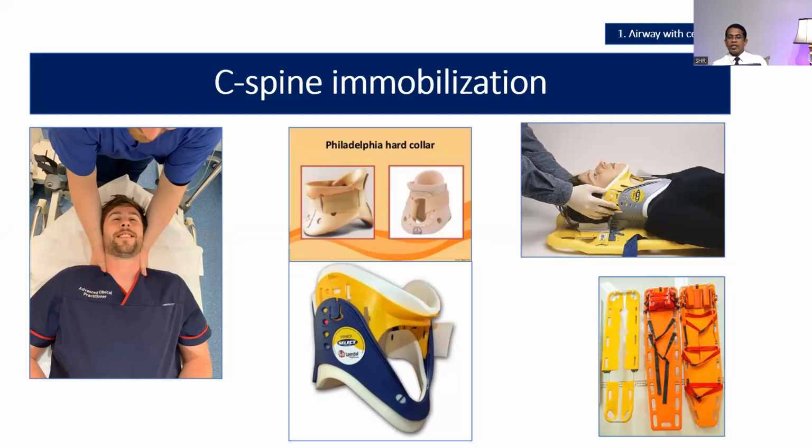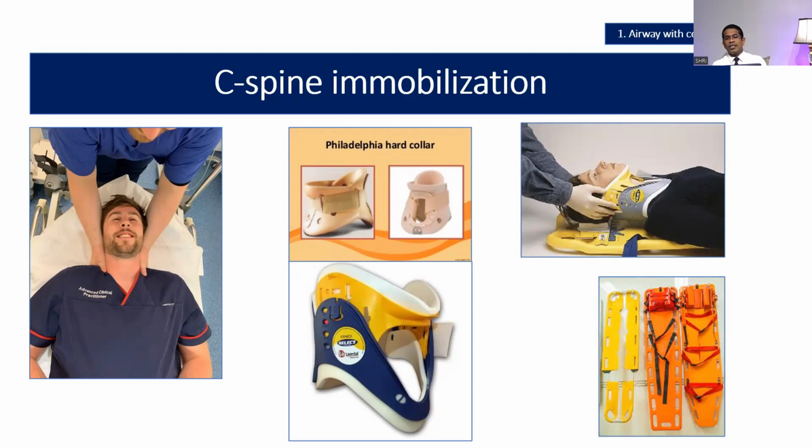Make sure that people who come with trauma with a reduced GCS have a higher incidence of cervical spine injury. Therefore, please make sure that those who come with trauma have cervical spinal protection or immobilization.